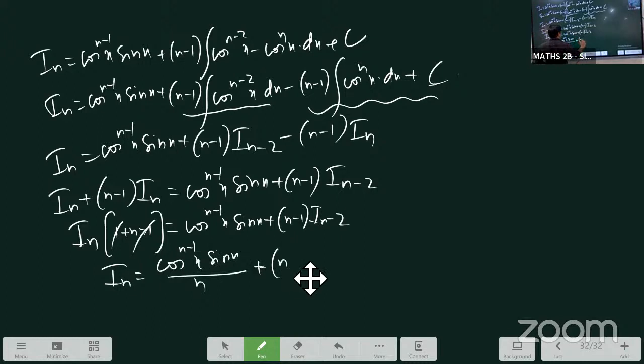Plus In minus 2. Is it clear? Now this is the reduction formula for cos power n. So In is equal to cos to the power n minus 1 x into sin x by n plus n minus 1 by n into In minus 2.